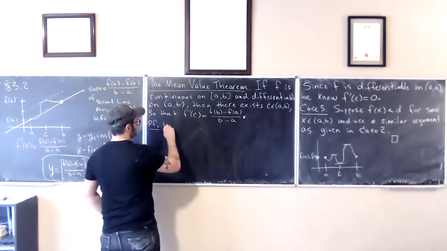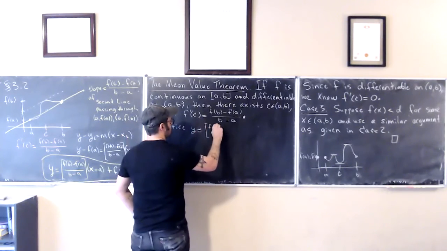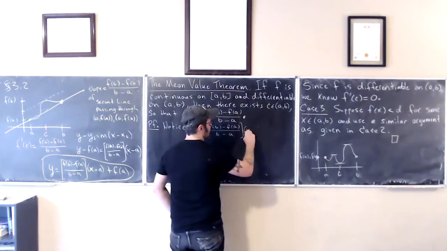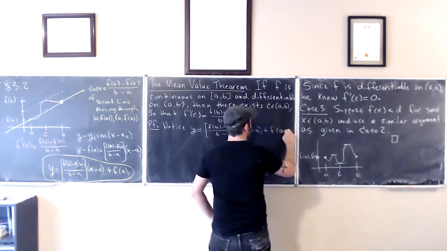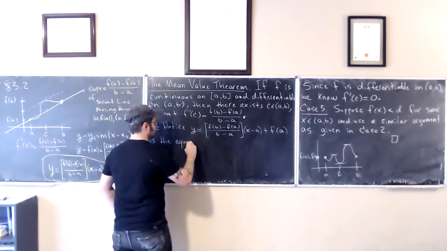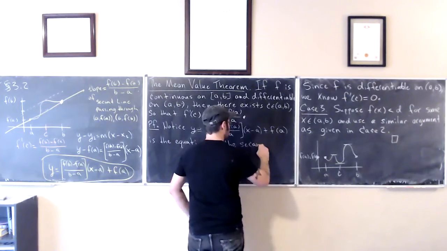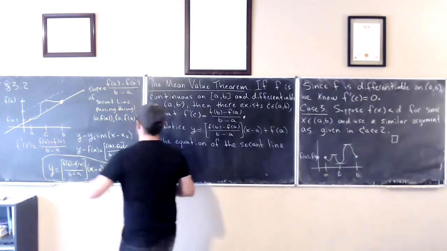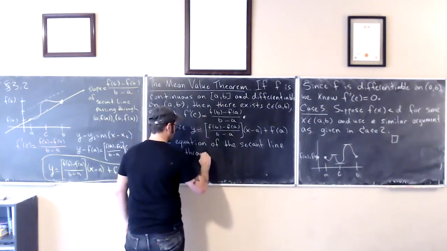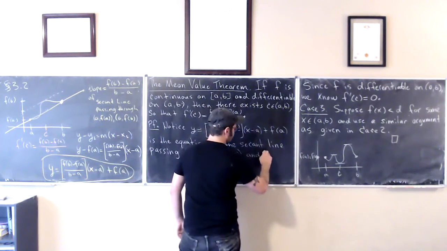So I'll say, notice y equals f of b minus f of a all over b minus a times x minus a plus f of a is the equation of the secant line passing through these points, a comma f of a and b comma f of b.